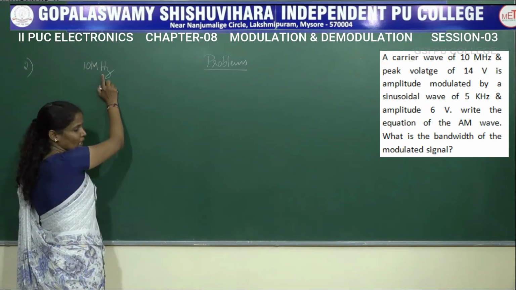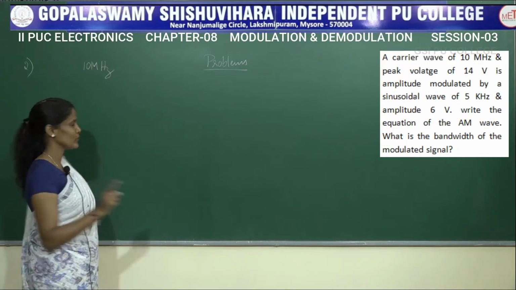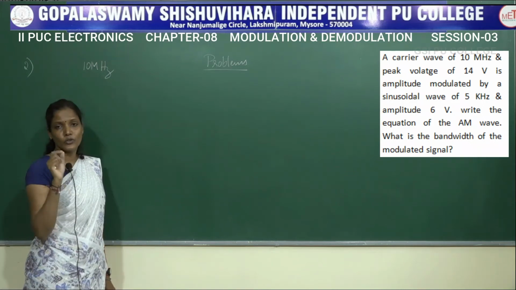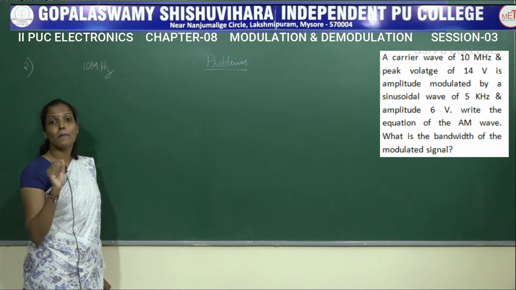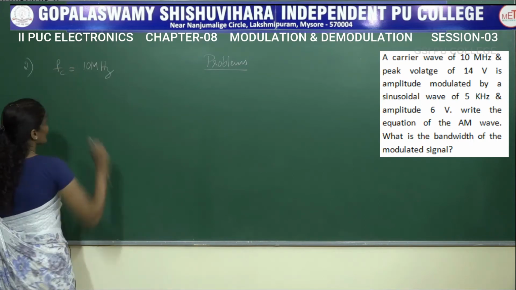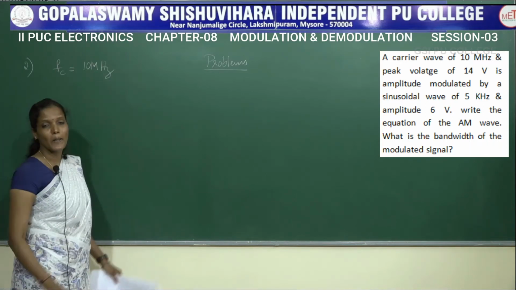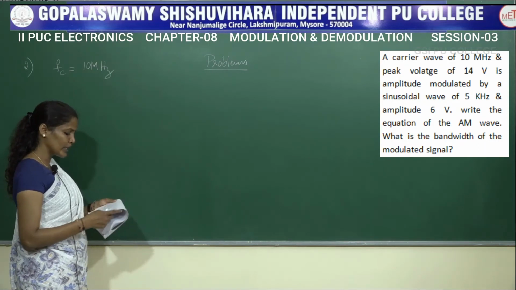Looking at the unit they have given, you have to identify whether it is frequency or amplitude. 10 megahertz: hertz is the unit for frequency. When they say carrier wave, it is the frequency of a carrier signal. So Fc is equal to 10 megahertz, and peak voltage of 14 volts.